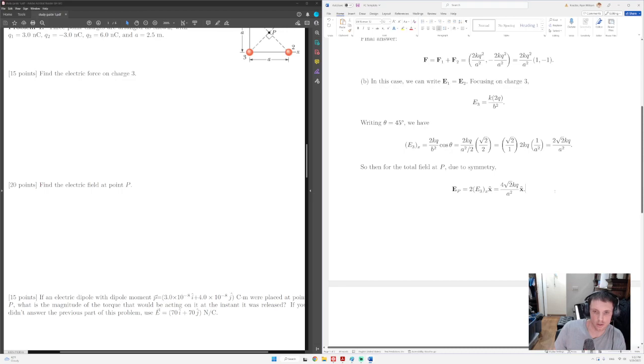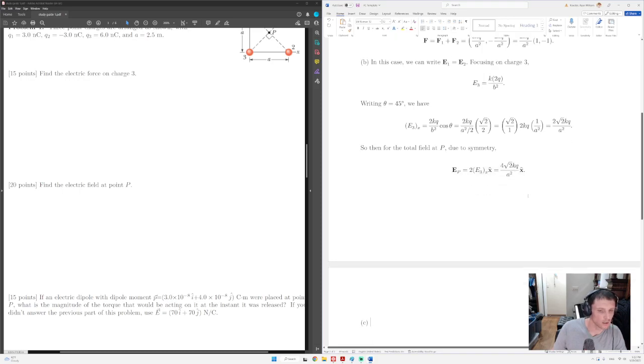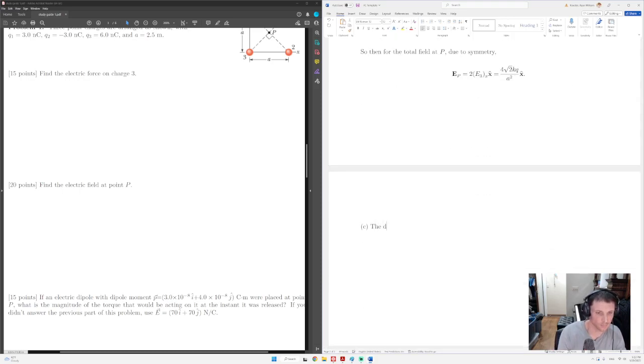Now, oh god, I haven't thought about dipoles in a long time. Okay, so I'm gonna write this as a vector also. The dipole moment is, let's do this, we're just gonna write px, py for the x and y components, like this.